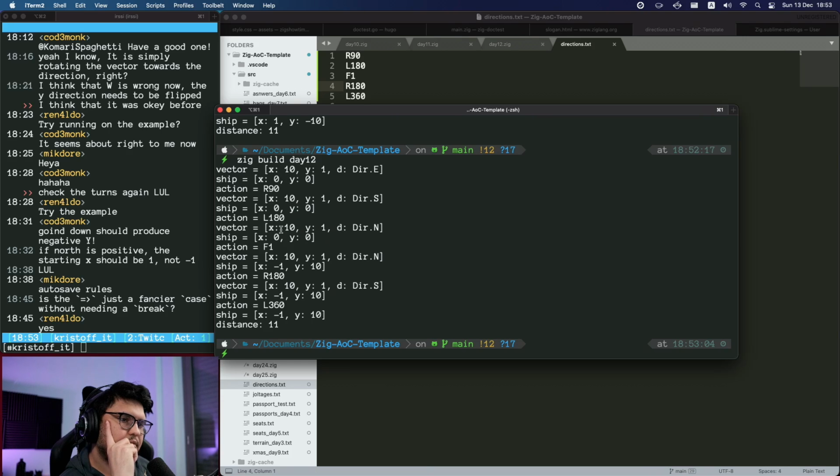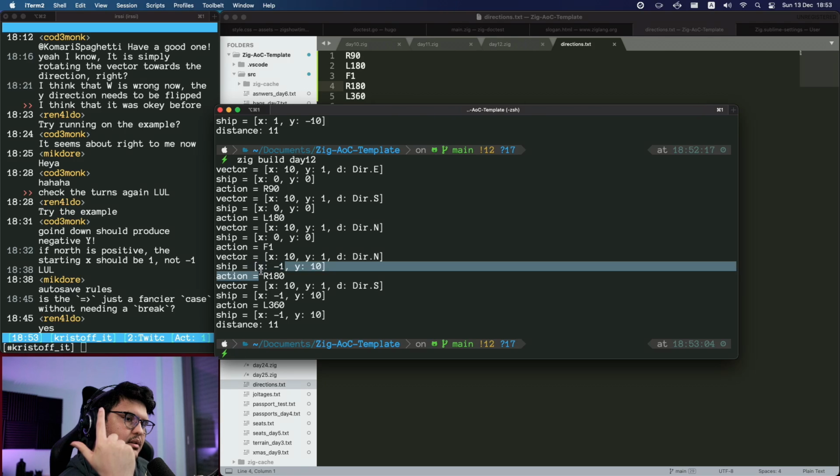Then here, direction is north, which means up by 10, left by 1. Yes.